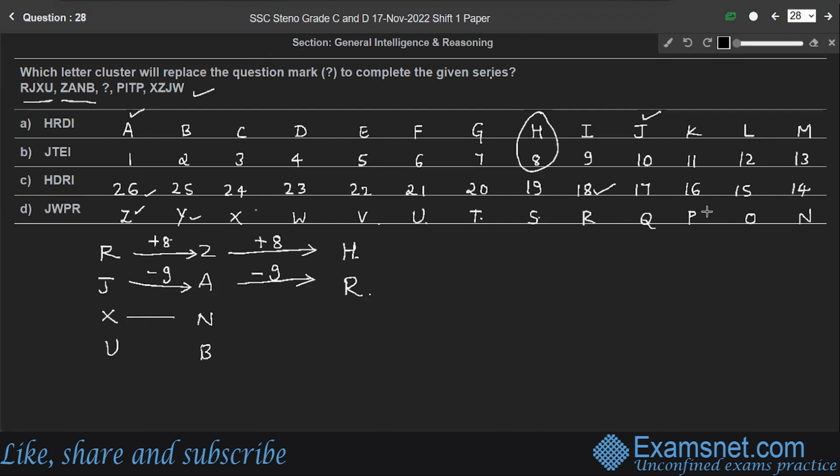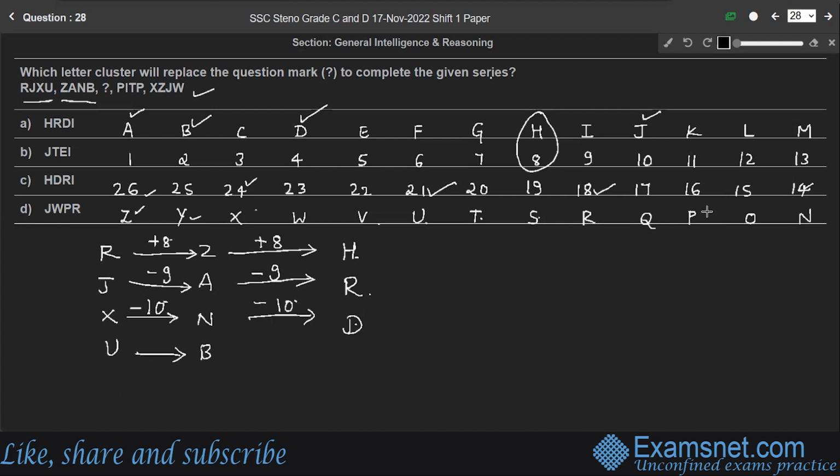Now consider the third letters X and N. X is 24, N is 14, so you have to subtract 10 from X to get N. Therefore, subtract 10 from N. N is 14, minus 10 is 4, which is D. So the third letter in the third cluster is D. Now relate U and B. U is 21, B is 2.